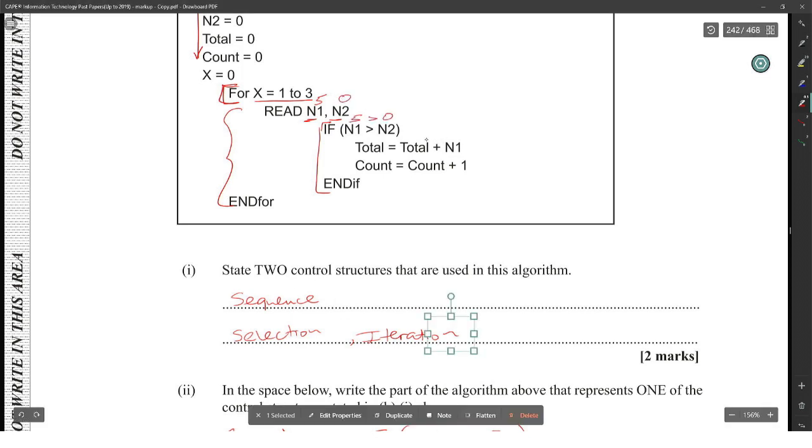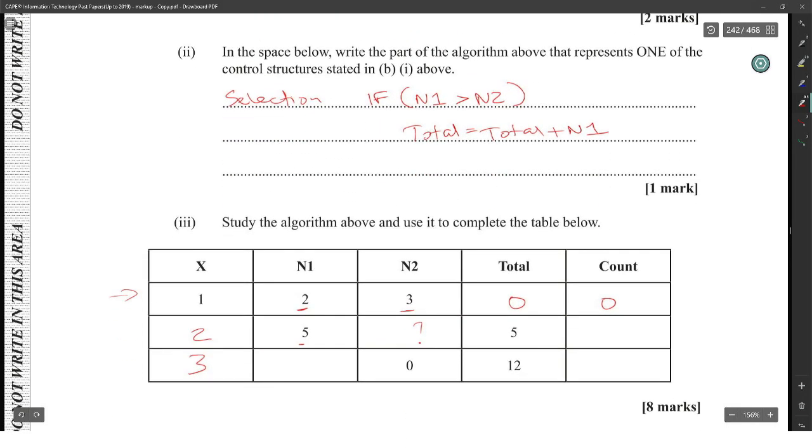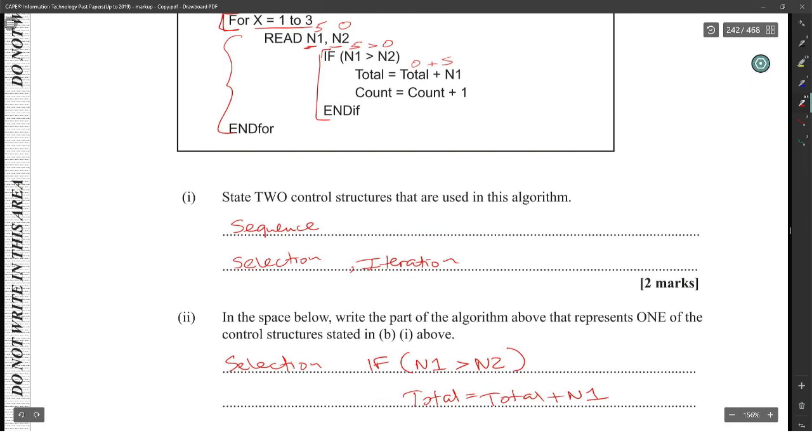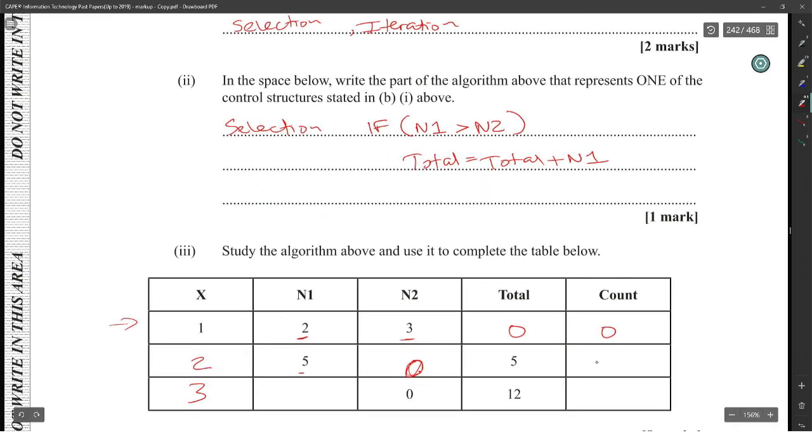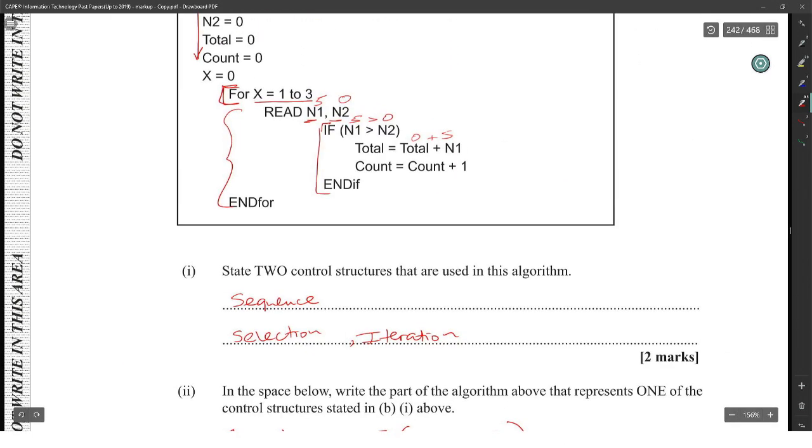Therefore, total is equal to 0 plus 5. So we get the total there as 5. So n2 would have to come in as 0 for that to be accepted. And then count would go up to 1. Count is equal to count plus 1. So count starts off at 0, and 0 plus 1 will give us 1. Nice. Then we go again.